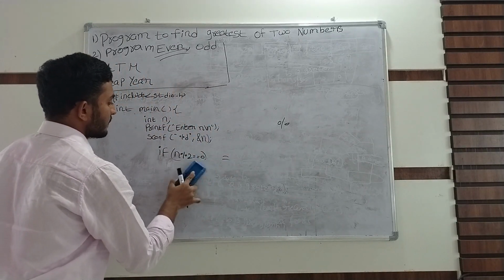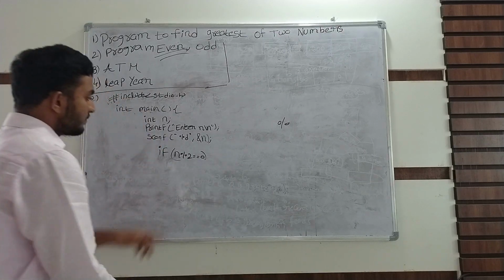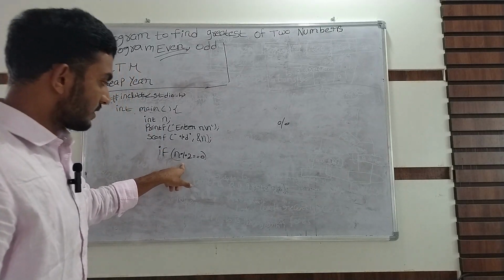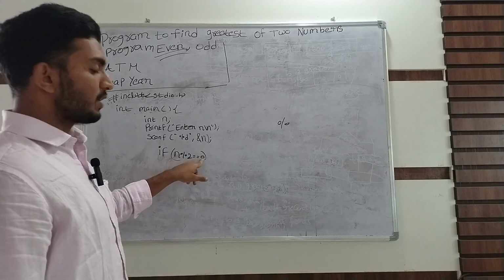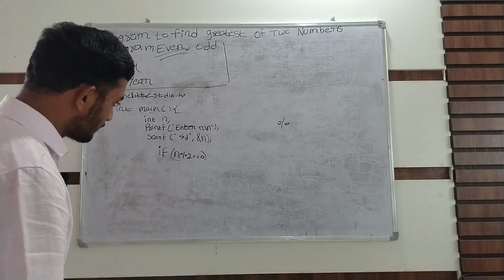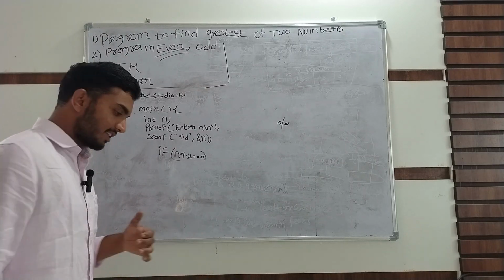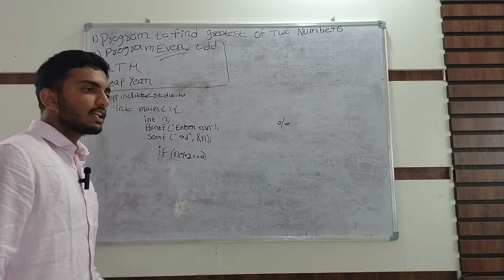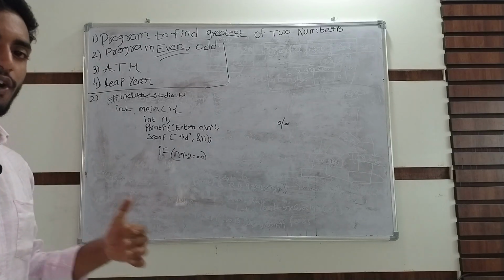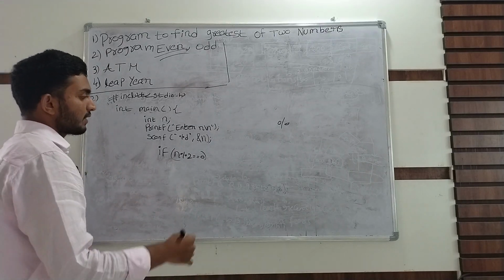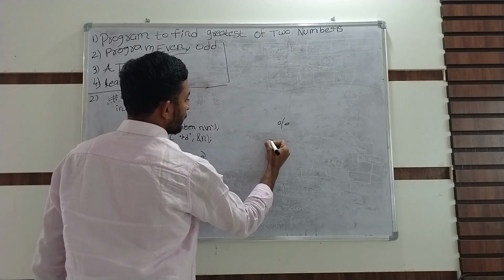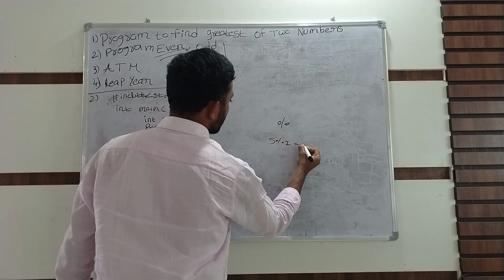If this division's remainder is compared with 0 and both are 0, then we got the even number. Otherwise we got the odd number. Let's see for example 5 modulus of 2 double equals to 0.